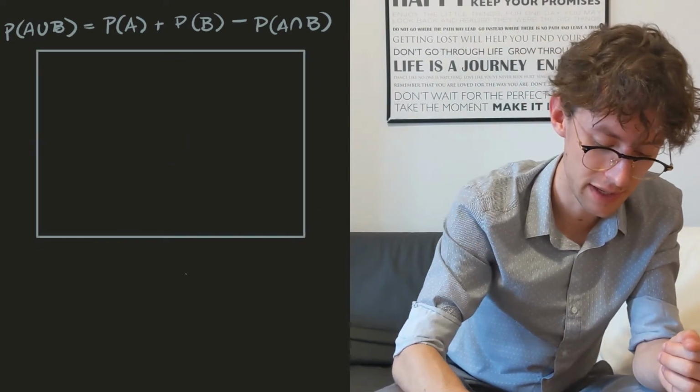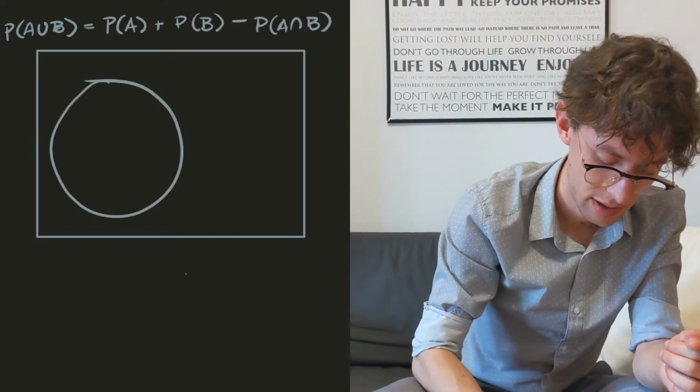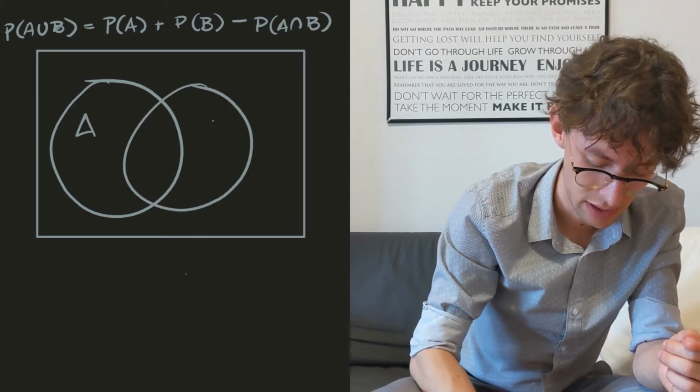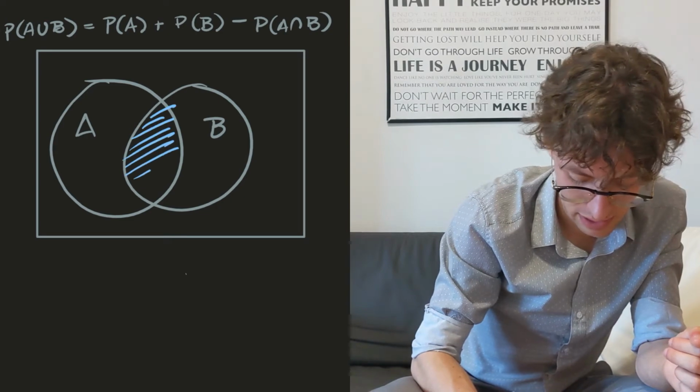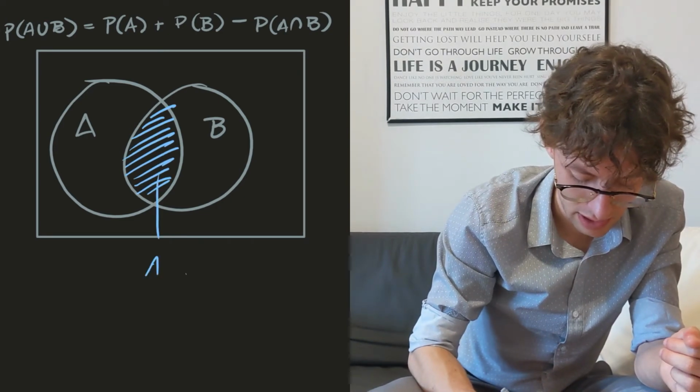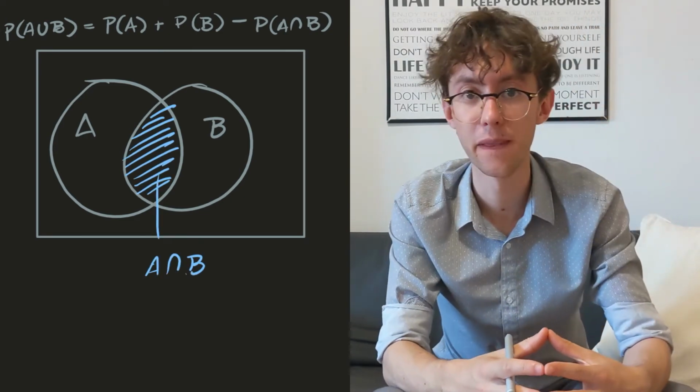Let's consider the event A and the event B. Notice that they intersect over here, and this intersection will be called A intersect B, right?